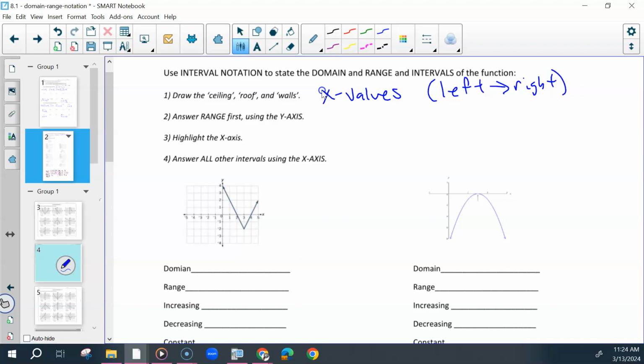Your range is your y values. And you're always going to look lowest to highest or bottom to top. You don't have to write both, but whichever one is going to help you remember that.